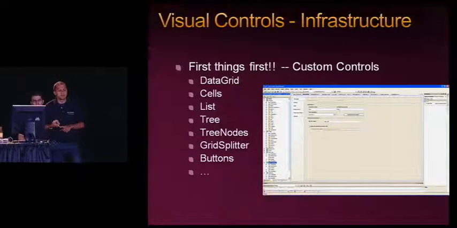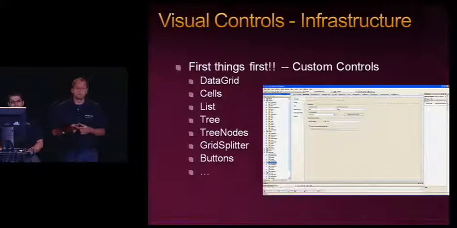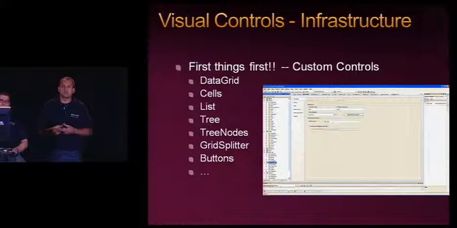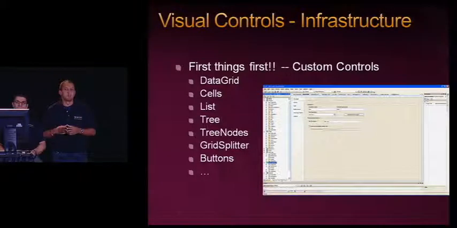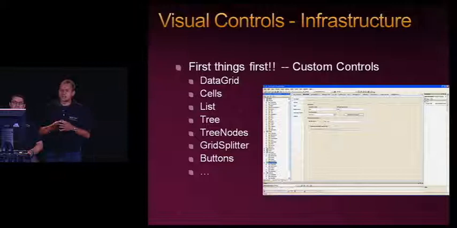The second would be like the grid splitter, which is a unique control in that it's a visual control like a button, but its inherent behavior in the code behind is actually to modify the layout of its siblings. So it's a visual control, but it has an extra task to it.